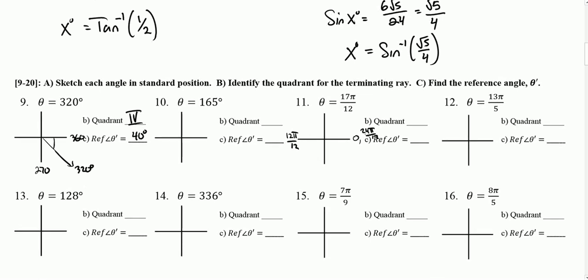And 17 is 7 away from 24. So it's going to be in quadrant 3, because it's closer to 12 pi over 12 than it is to 24 pi over 12. The reference angle is the difference. Subtract 12 from 17, and you get 5 pi over 12.